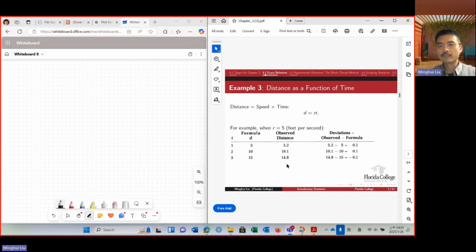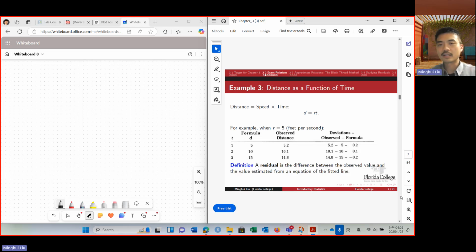We might observe 14.8. In this case, the observed distance is a little bit shorter than the theoretical distance, which is really okay. We would say the deviation is negative, which is nothing surprising. The deviation, of course, could be positive, negative, or 0.